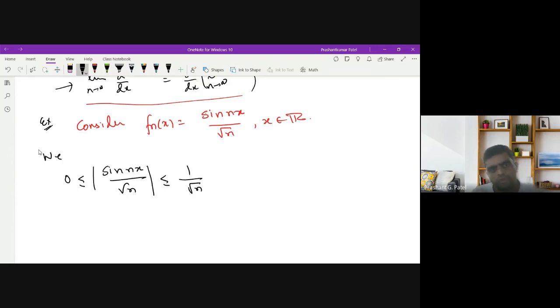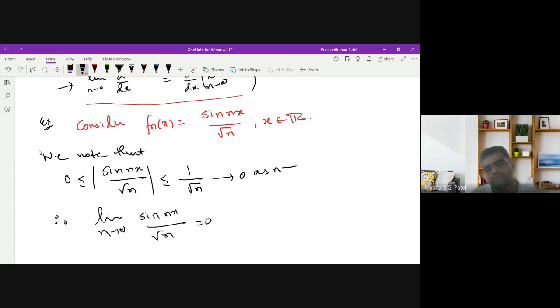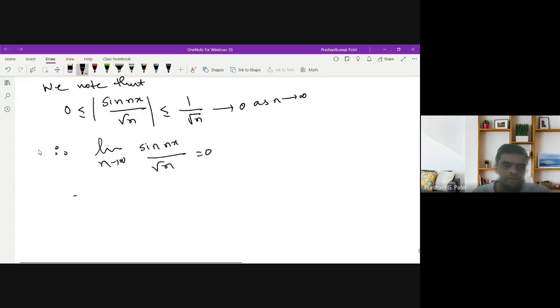If you take the limit on both sides, then by the sandwich theorem, we can say that the limit as n tends to infinity of sin nx upon root n is 0, because 1 upon root n tends to 0 as n tends to infinity. So ultimately, fn converges to f pointwise as n tends to infinity.